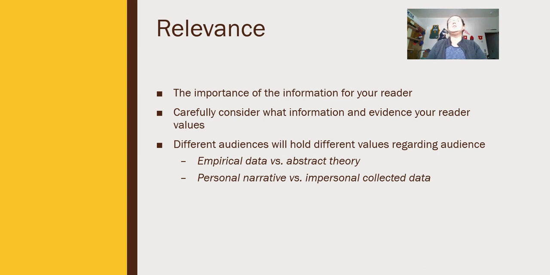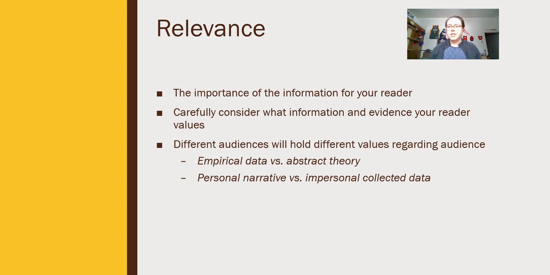So if you're trying to make an argument about regulating boating at Sand Hollow because of an algae that's growing, you probably won't need a narrative about people hanging out at the beaches of Sand Hollow to make that argument. Rather, you'd want the hardline numbers, because that is the kind of relevant information your readers would appreciate and that your readers would ultimately value.